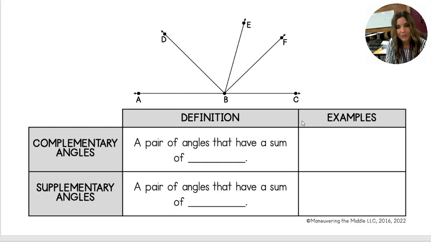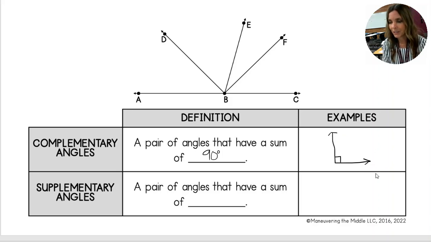Okay, let's go to the next part. Complementary angles. Those are a pair of angles that have a sum of 90 degrees. So for your example here, I want you to draw in a right angle. Mark in the corner that this angle is a right angle.